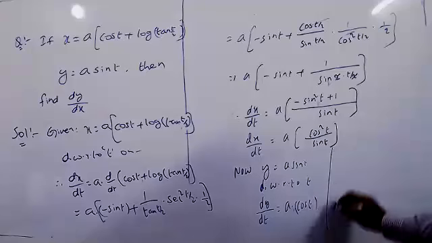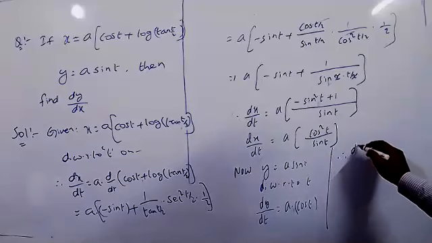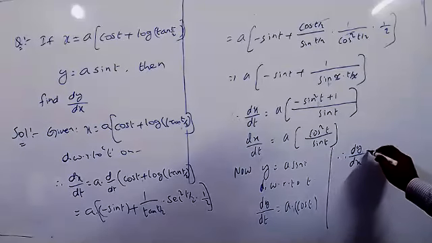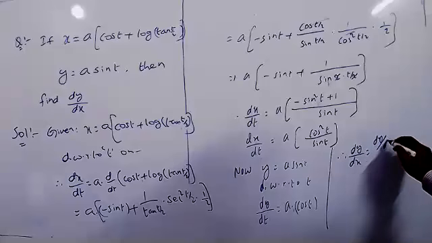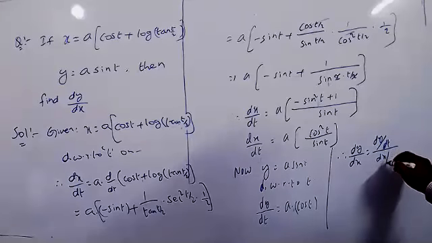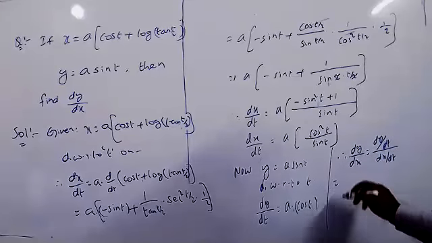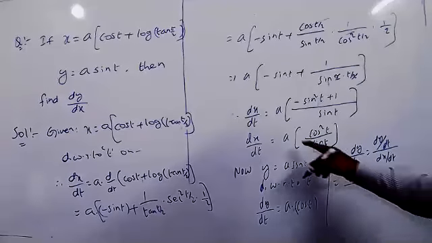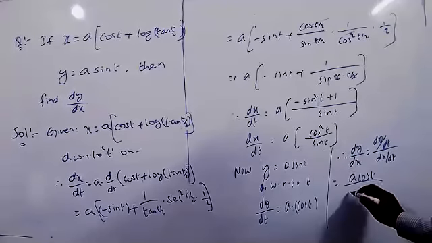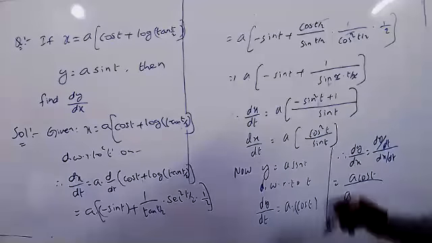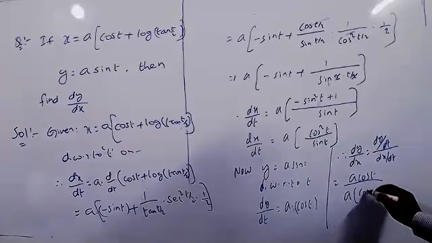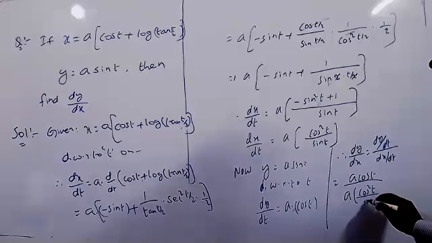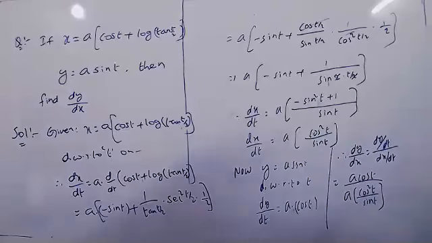So therefore dy by dx equal to, we know the formula, dy by dt whole by dx by dt. But dy by dt equal to a cos t whole by, here also you can write now, a into cos square t whole by sin t. Now just simplify the value, you'll get the answer.